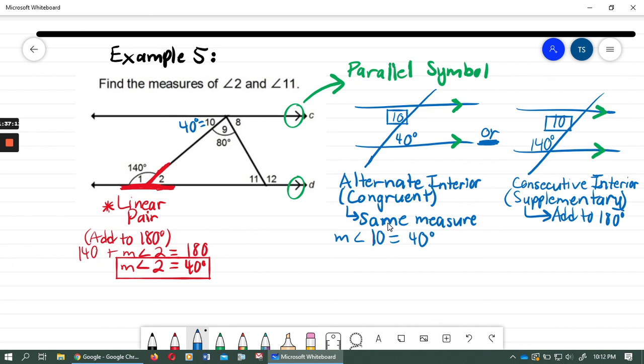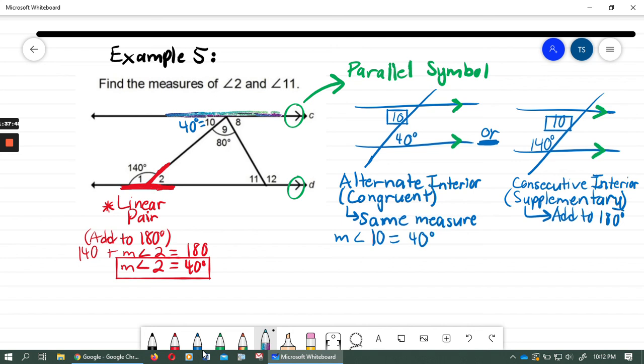So now, folks, let's focus on the fact that we have a straight line here. All three of these angles form a straight line, which is 180 degrees, right?